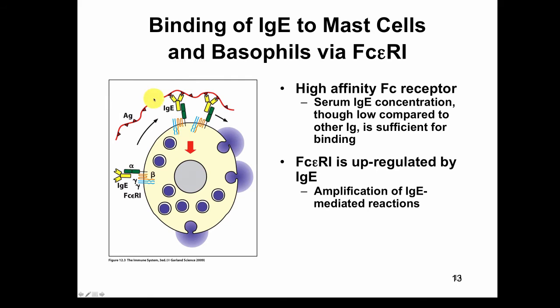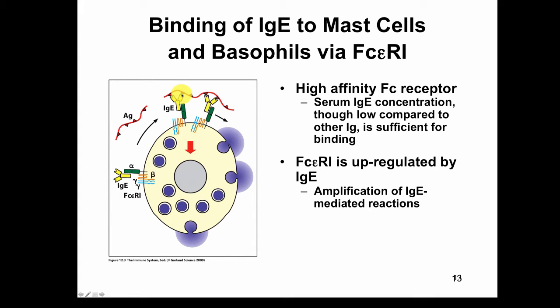So what happens when the IgE molecules are cross-linked when they're bound to the Fc-epsilon receptors on mast cells? I went through this a little bit in an earlier lecture, but just to review, you have IgE molecules bound, and then sometimes you have an allergen that has multiple epitopes, and those epitopes bind to the antigen-binding portion of the IgE molecule, which is in turn bound to the Fc-epsilon receptor.